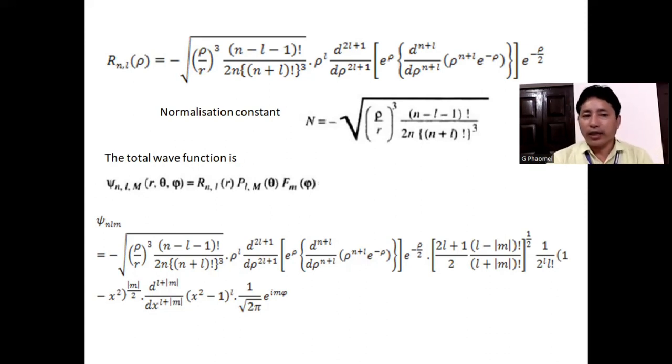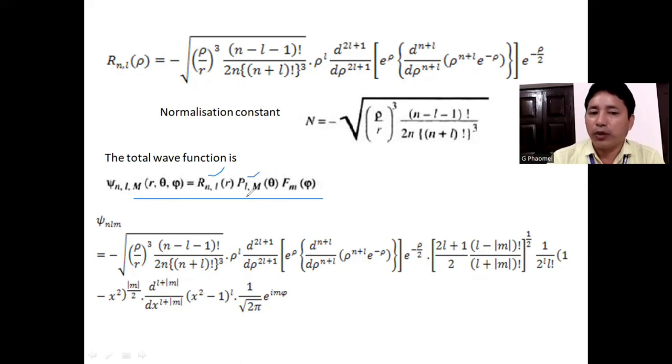If you write them together, the hydrogen-like atom will have a wave function like this. That means the R part, which depends on n and l, and the theta part, which depends on l and m, and the phi part, which depends on the value of m. Therefore, if you write the complete wave function of a hydrogen atom, it will be psi n l m.